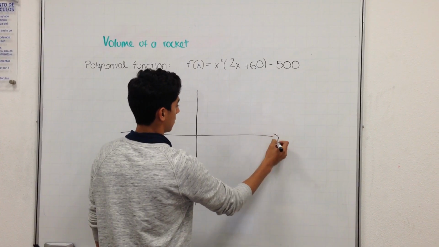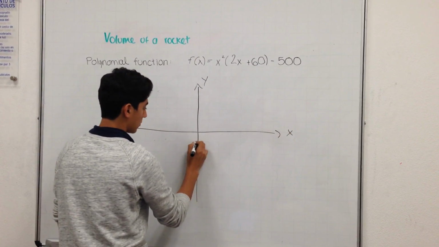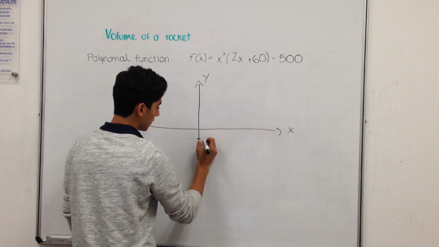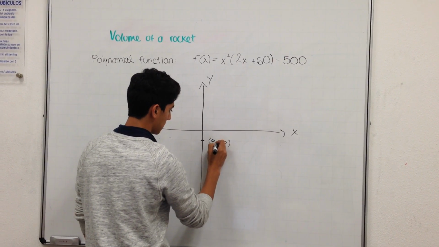So we're going to graph our problem. We have y, we have our x. We know that our y-intercept is (0, 500).